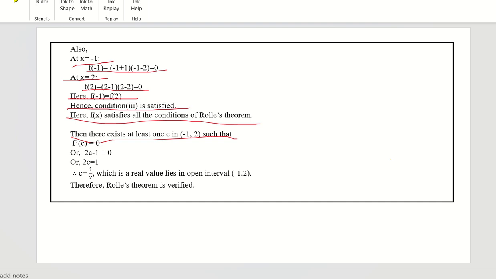At x equals c, f'(c) equals 0. That is, 2c minus 1 equals 0, 2c equals 1, c equals half. Does this value of c lie in the given open interval? Yes. From -1 to 2, this value 1/2 lies in the interval. That's why Rolle's theorem is verified.